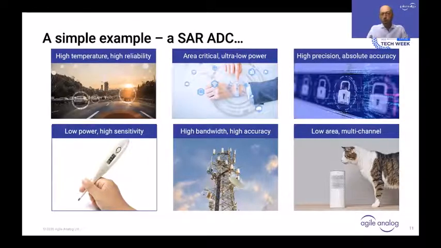If it's a secure application, you want high precision and absolute accuracy. If you're doing, for example, a portable medical device like a thermometer, then you need low power and high sensitivity. For wireless transmission, you generally need high bandwidth and high accuracy. And if you've got a home device, then you want low area.